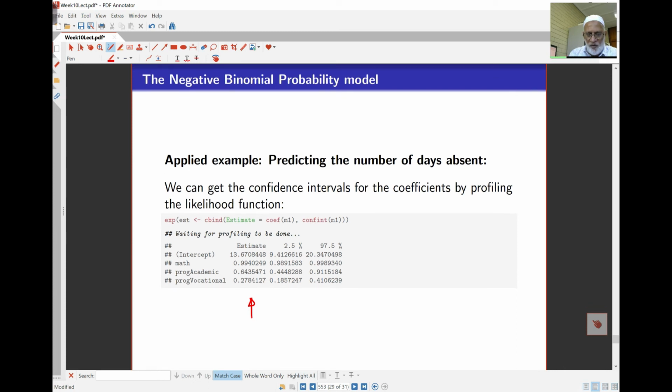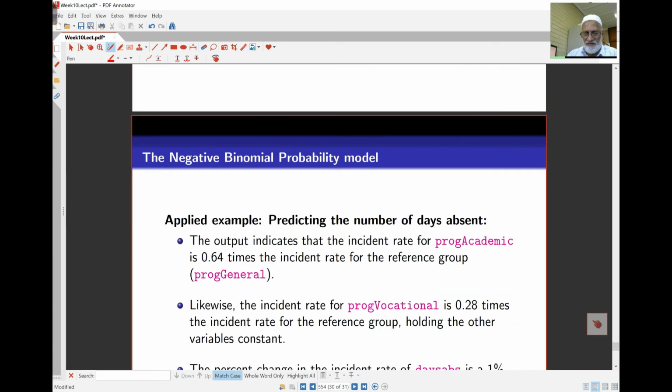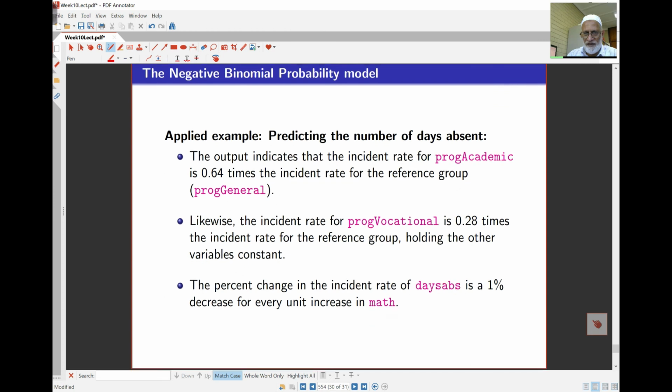Program academic compared to program general has 0.64 times the absenteeism, which is lower, and compared to program general, the vocational program has an absenteeism that on average is 0.278 times that of the general. And we also have the confidence interval here. So what I've said here is actually just been repeated here, that for program academic, we have 0.64 times the incident rate or absenteeism rate compared to the reference group of program general.